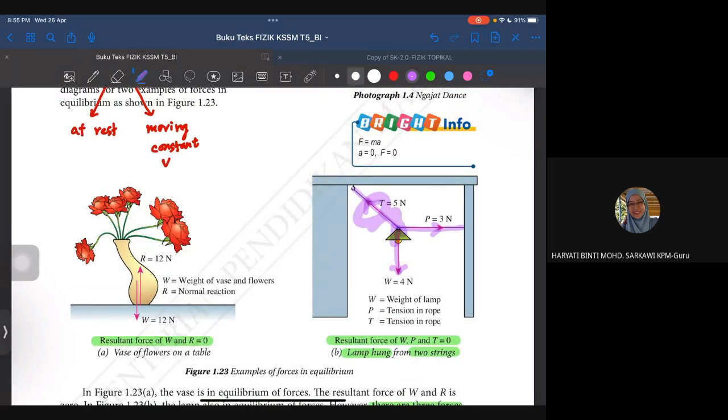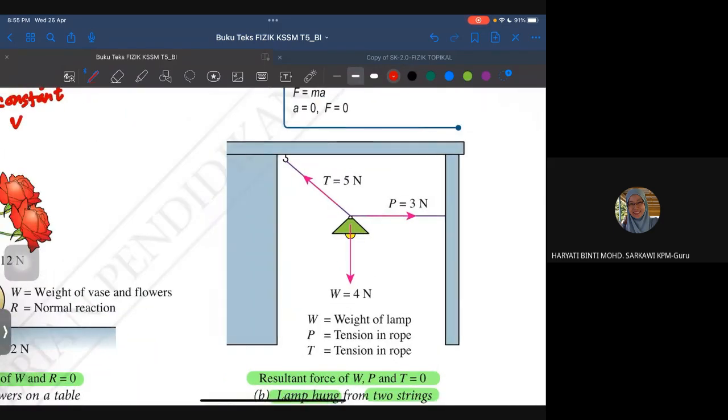Oops, I need to rub this off first. I think I'd better use another color. Let's say I label this P like that, and then this is W just now, and then T. When we draw the triangle of forces, we need to start with one force first.